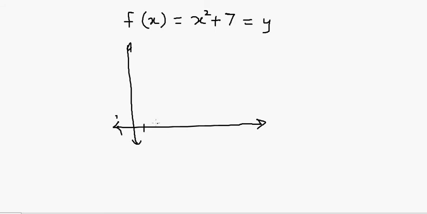I'll let you make the points very small over here. Right. Here too. Right. So for, let's say, 1, I put in 1, then I square it, and then I add 7 to it, and that's a y.